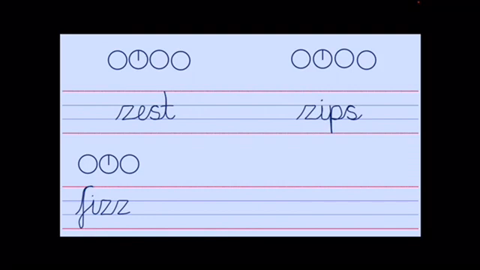Let's think of another word. If we thought a bee was coming near, we would know because of the buzz. B, U, Z. And again, a one-syllable word with a short vowel sound.